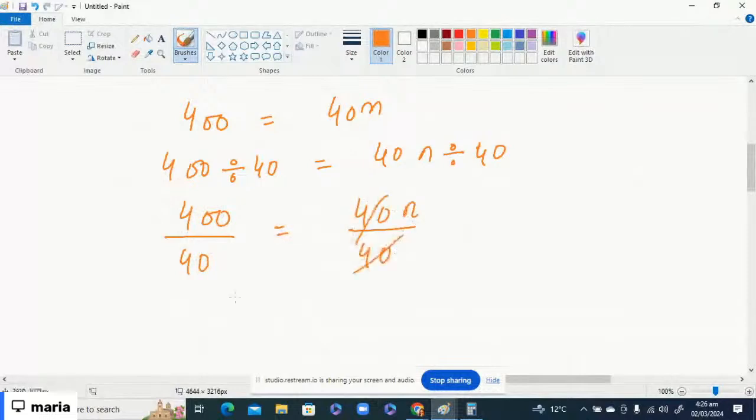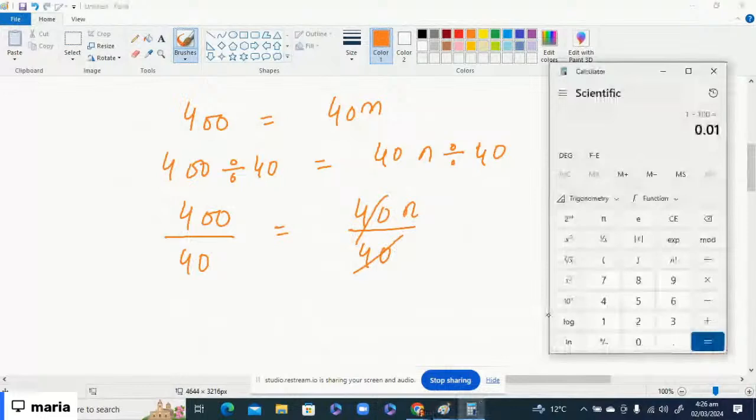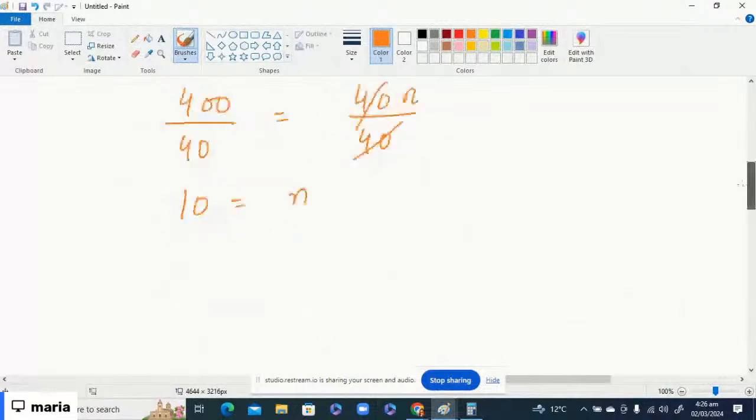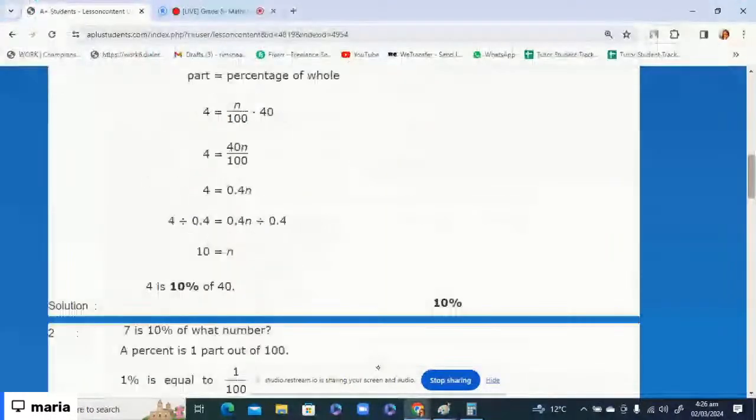This cancels. 400 over 40, the answer is 10, which is equal to n. And you can also write it this way, n is equal to 10. Okay, so that is your answer.